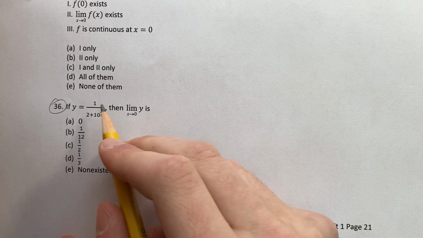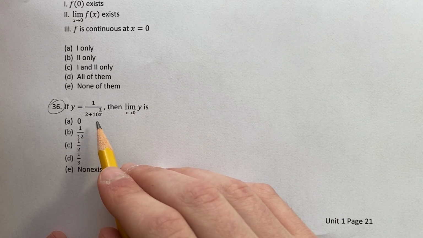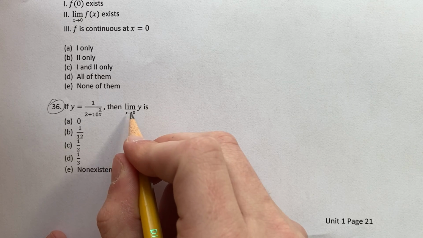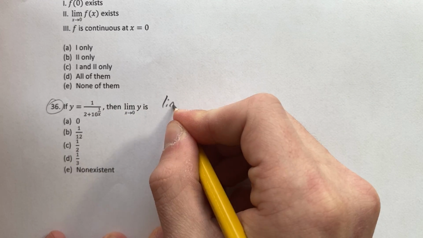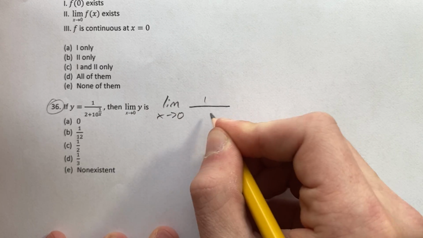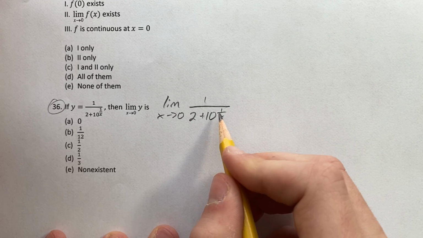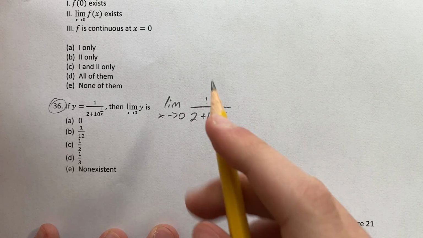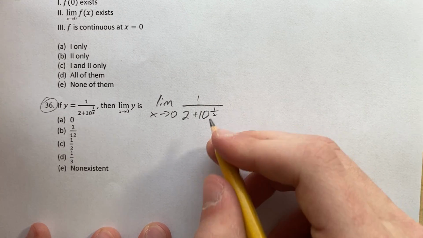Now, before you get started on this question, the most important thing to recognize is if you're taking the limit as x approaches 0 of something, you'll notice, if I rewrite it quick, the immediate thing that value is going to hit, the first thing that happens to it is you're taking the reciprocal.